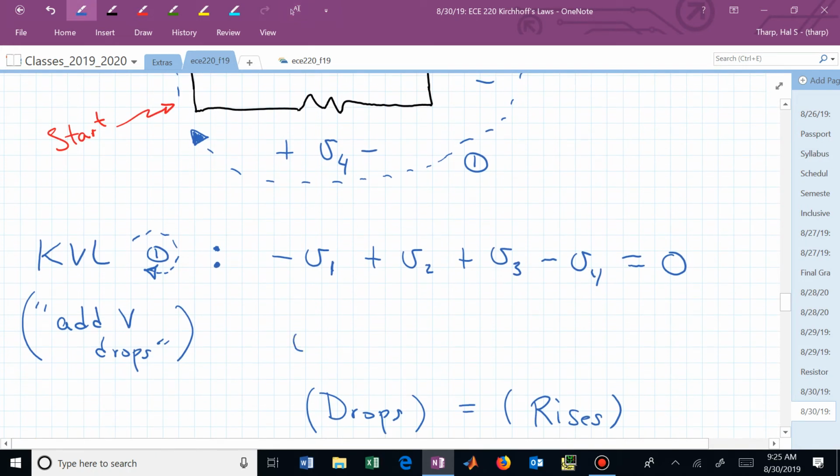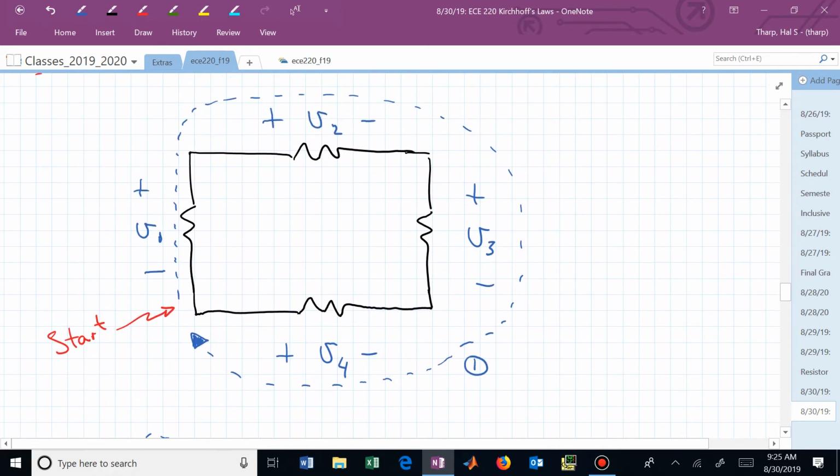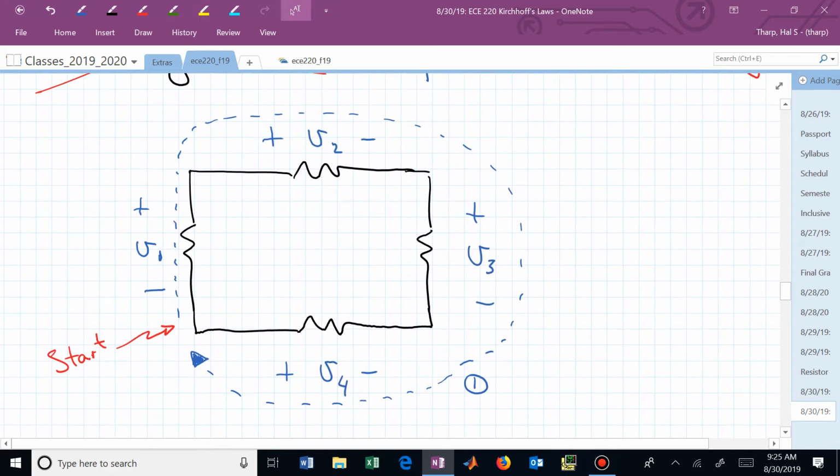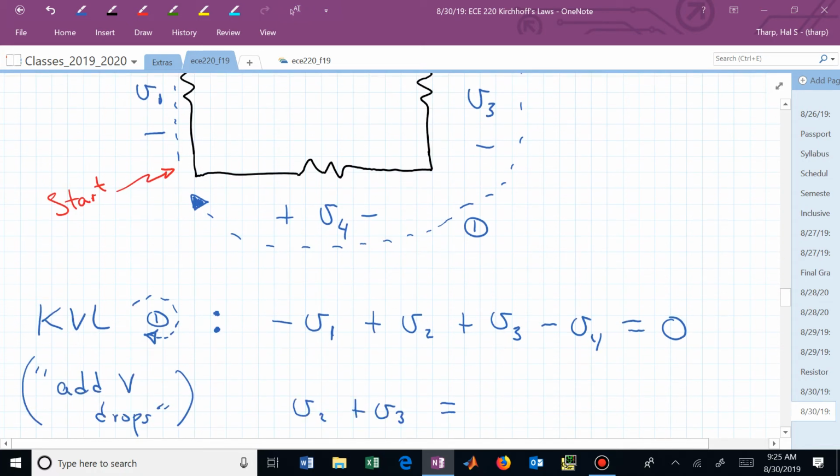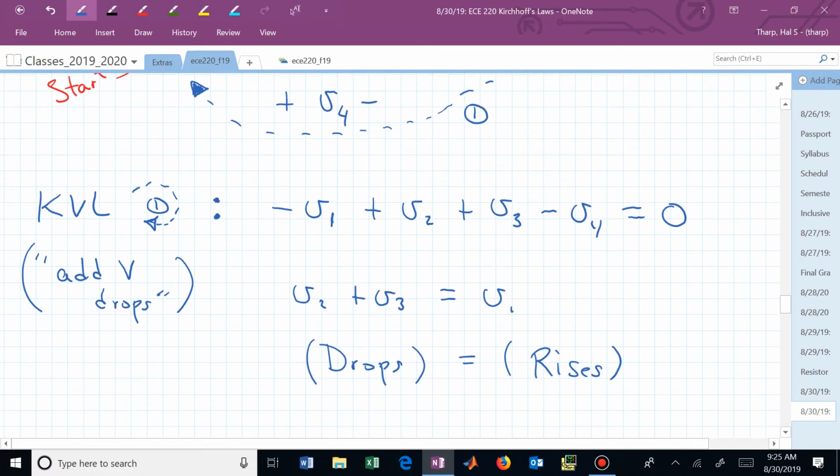So I would say V2 plus V3. And I'm setting those equal to the voltage rises as I move around that path that I've labeled path number 1. And where do I experience a voltage rise? I'm going up with V1, I'm going up with V4. Those are my voltage rises. So I would say V1 plus V4.